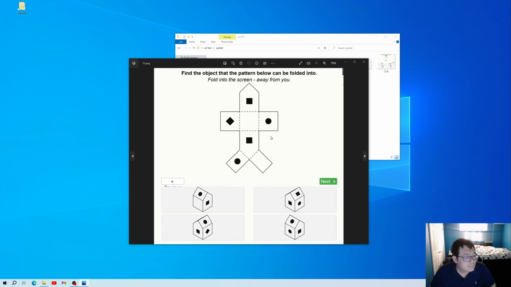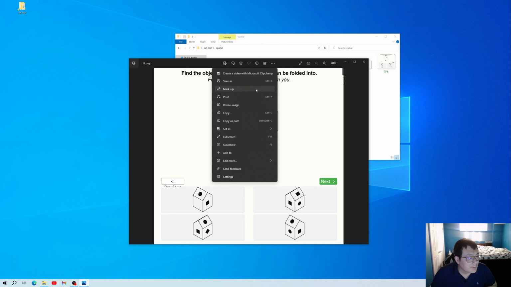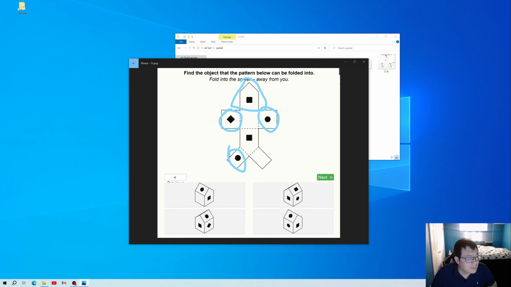Okay, this one will be different. So we have this shape. Okay, let me bring up the mark. We have this shape, which will be the side of the house. And this one will be another side of the house. So these two will be the roof. Okay.